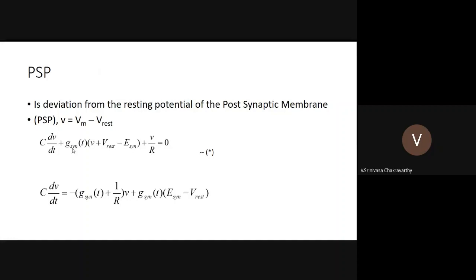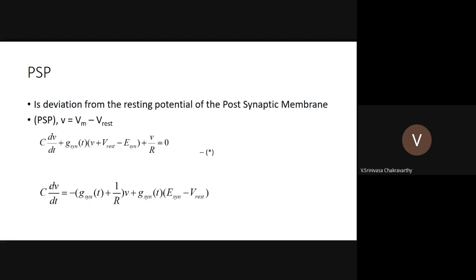We assume that there is no external current other than the current that comes through the synaptic channels. So we take this to the right side and separate the terms which depend on small v and all other terms. You get minus of G_syn plus 1 by R times v plus G_syn times E_syn minus Vrest.